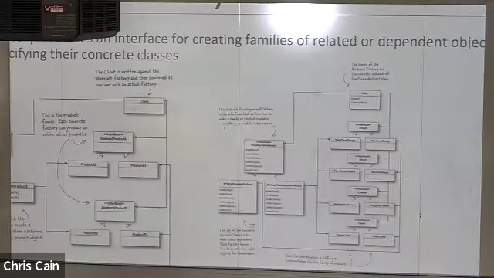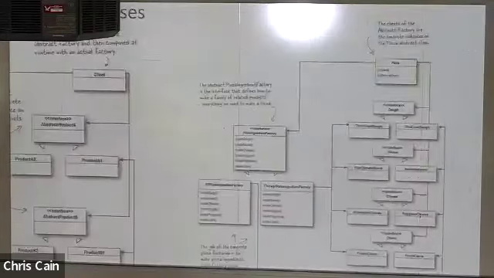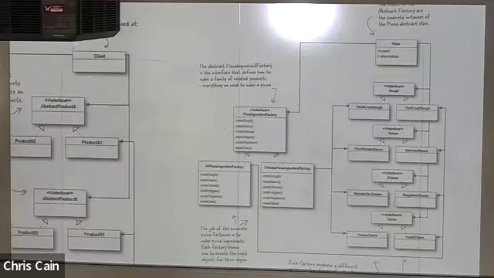In our example, we have the client wanting to make a pizza. So we go through the abstract product, which is the pizza, the abstract factory, which is the ingredient factory, and then we have the concrete New York pizza ingredient factory and the concrete Chicago pizza ingredient factory.